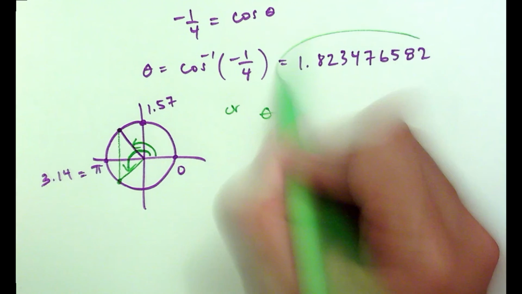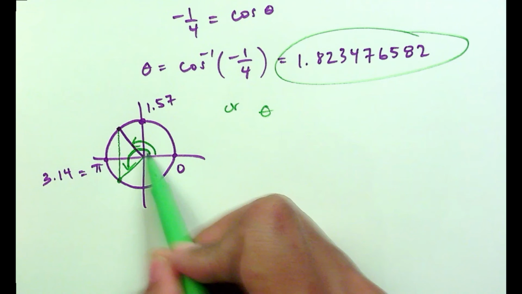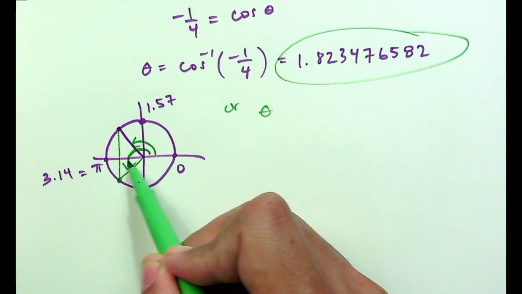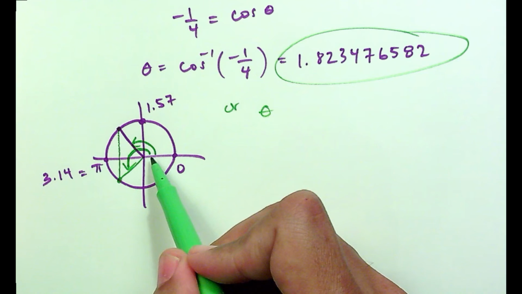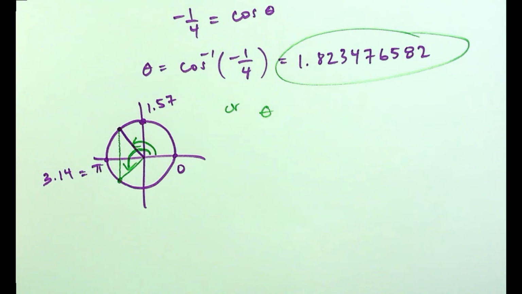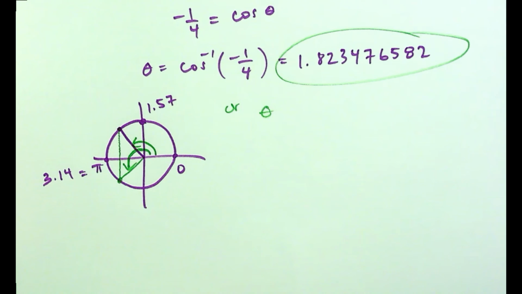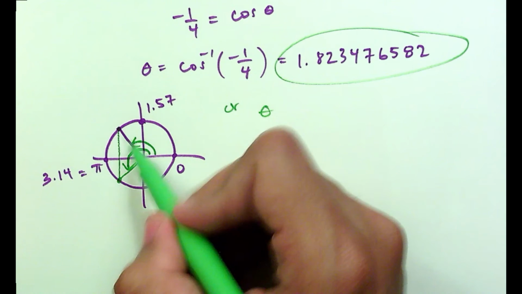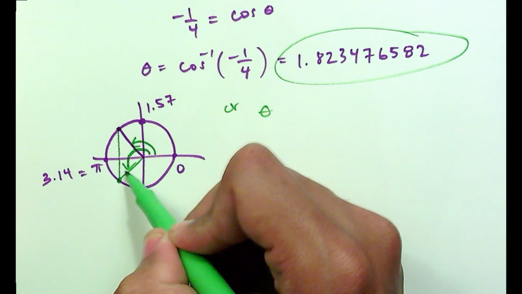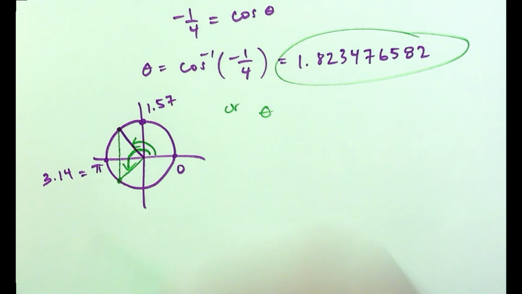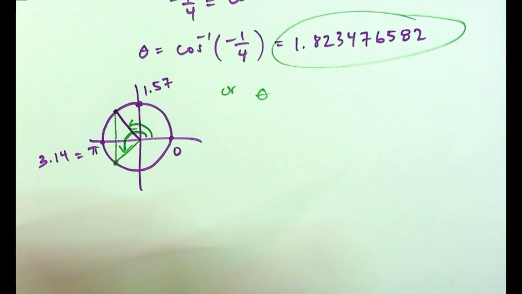So this is one solution. You go past pi. How do you get that one then? You can figure out this one and then add it to pi because this piece is the same as that one. So that's one way to go about it. So let's do it that way.